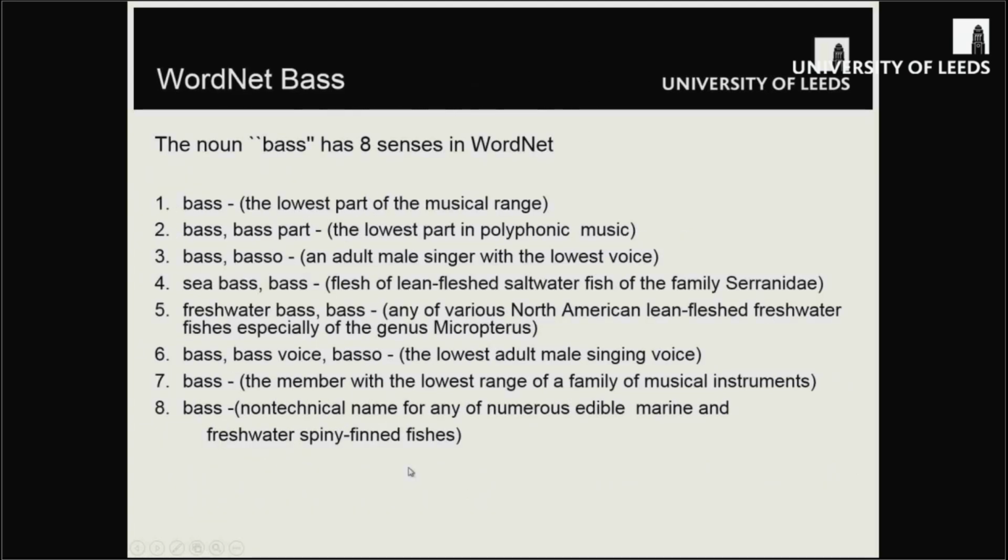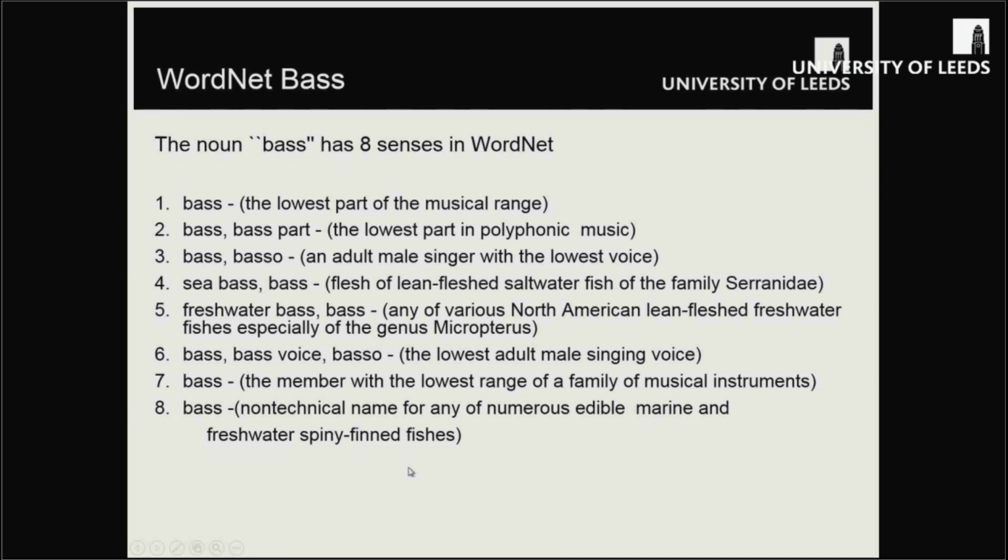Okay, so here's an example of word senses. There's a resource called WordNet, which has all sorts of lexical word information in it, which you can use in text analytics. And it's very fine-grained in that, for example, for the word bass, it claims there are 8 different senses with very subtle differences, like the lowest part of the musical range, which is a slightly different sense from the lowest part in polyphonic music.